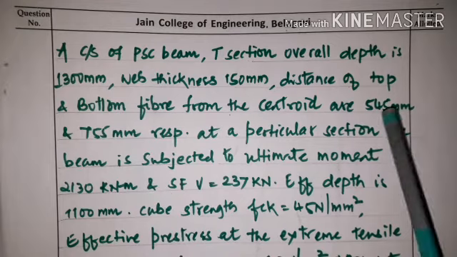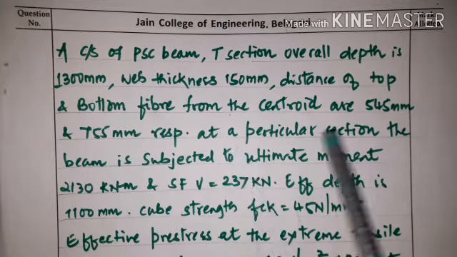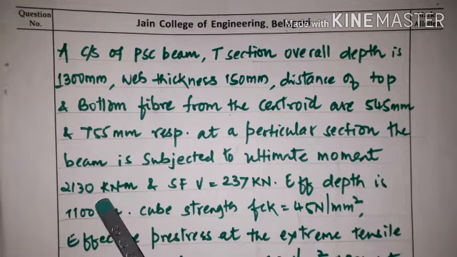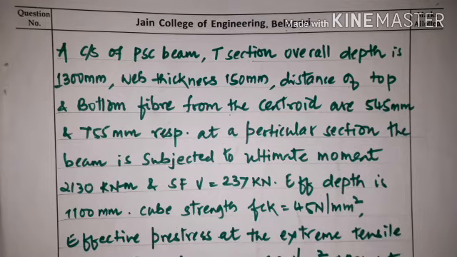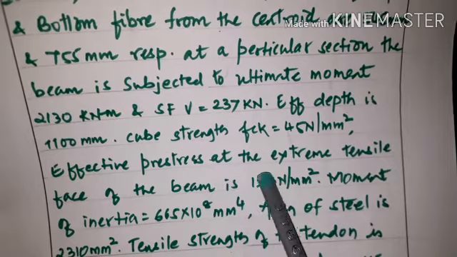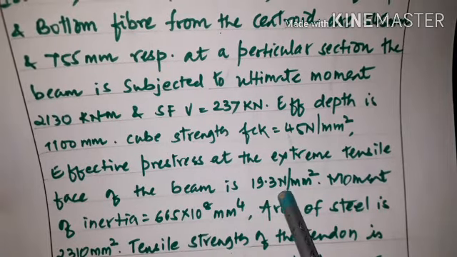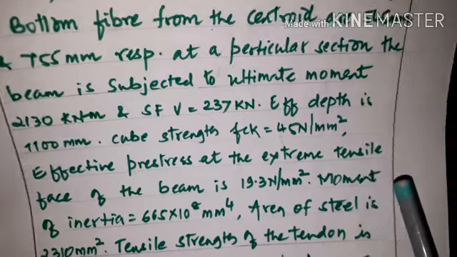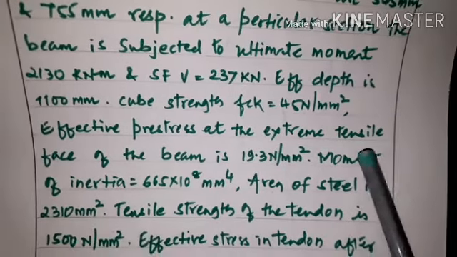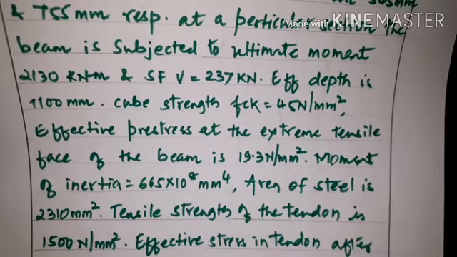That is from top and bottom fiber, and at a particular section the beam is subjected to moment and shear force. These two values are given, and the effective depth of beam is 1100, and cube strength fck is given, and the effective pre-stress at extreme tensile face of the beam is 19.3 Newton per mm square. The moment of inertia is 665 into 10 raised to 8 mm raised to 4.